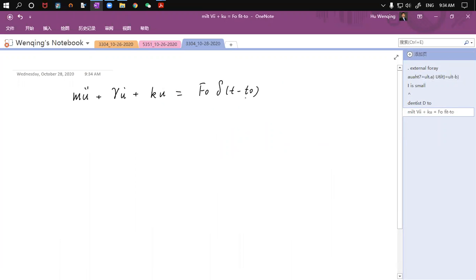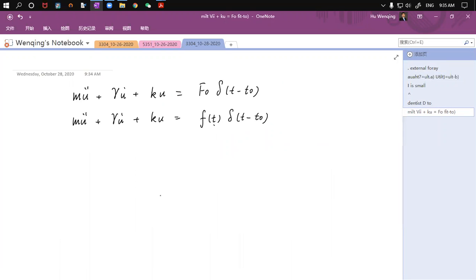Is that good, family? And it can be even more complicated. It can become f of t multiplied by delta of t minus t0, a general function multiplied by delta. So we are going to look at these two equations.